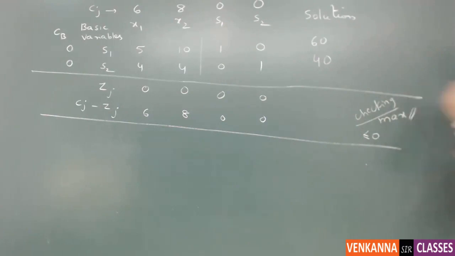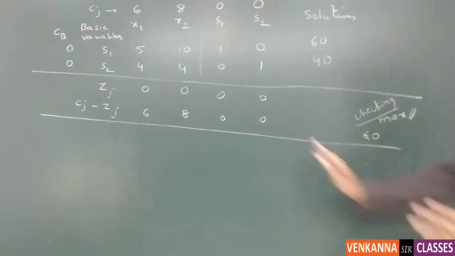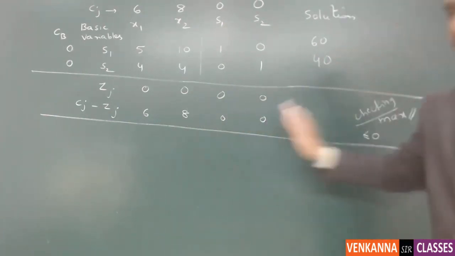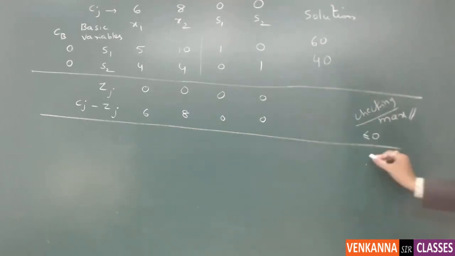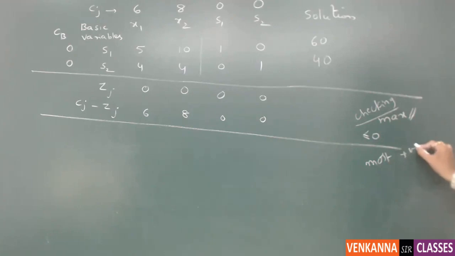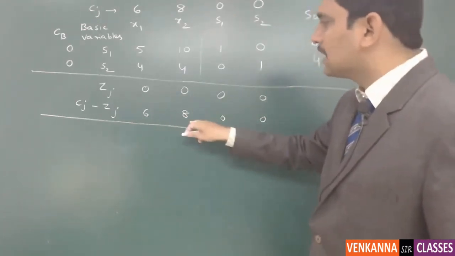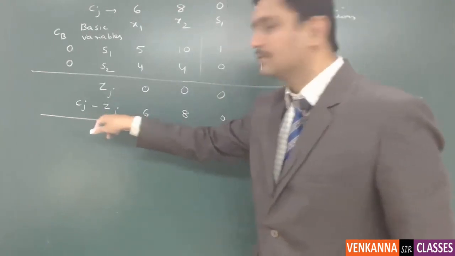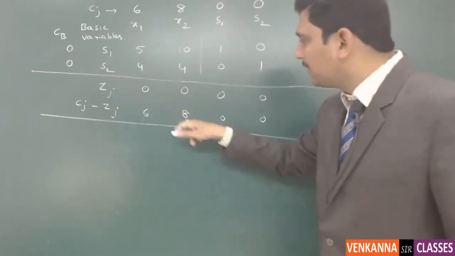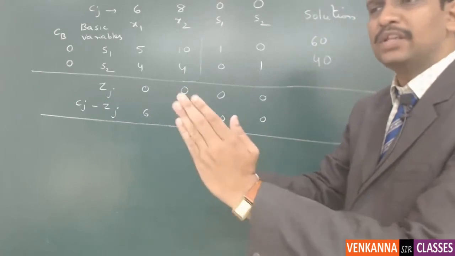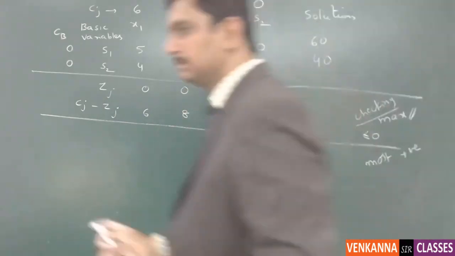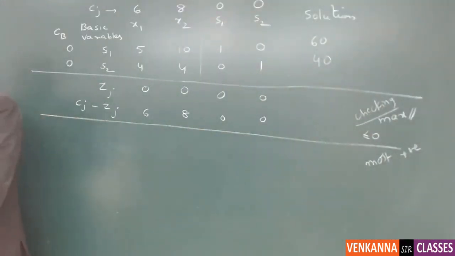So if you calculate Cj minus Zj, all the entries here must be less than or equal to 0 for getting the maximum Z value. Since at the first stage it is not at all satisfied, we go with the most positive one. Why? Because here the maximum variation occurs between the profit and the cost. So if you replace this, the difference between these two will be minimized. Accepted?